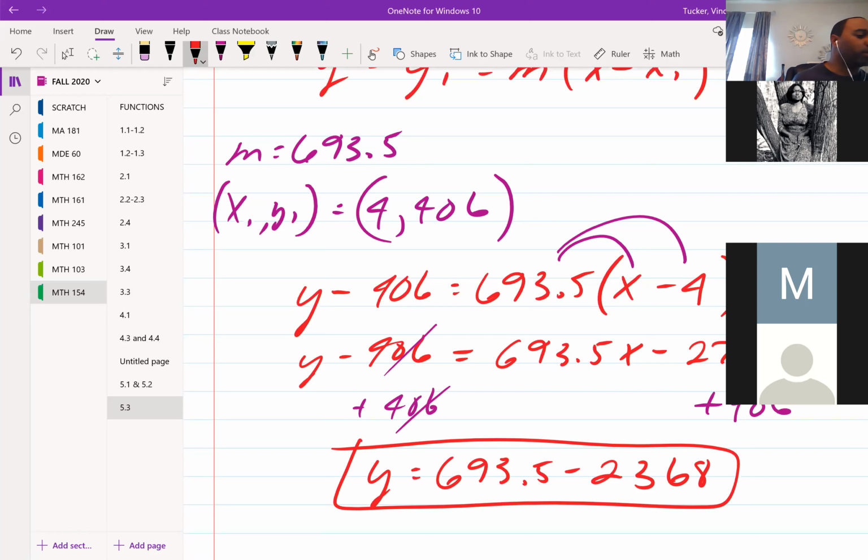All right, before I switch back to our homework screen, question. Oh, I left off X. My bad. Should be 693.5X.